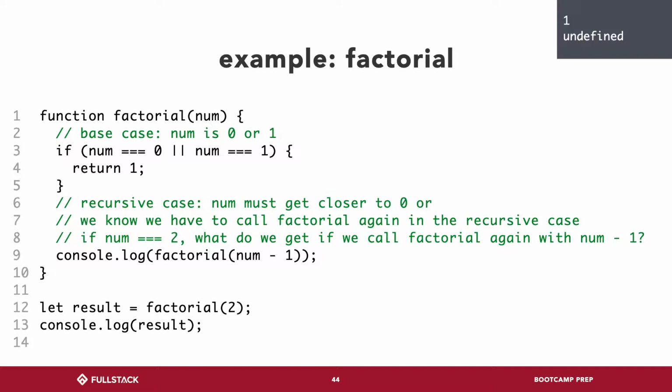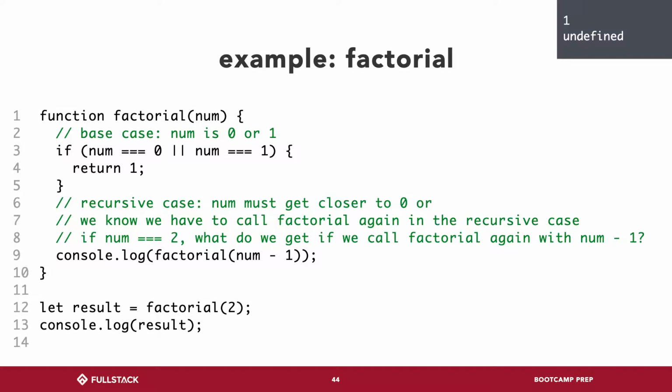Okay. So factorial of 2 is not done running yet because inside of it, we're calling factorial of num minus 1 inside the console log. Even though it's inside of a console log, the function is still being called because you're invoking it there. So factorial of num minus 1 is 1 because num was 2, right?